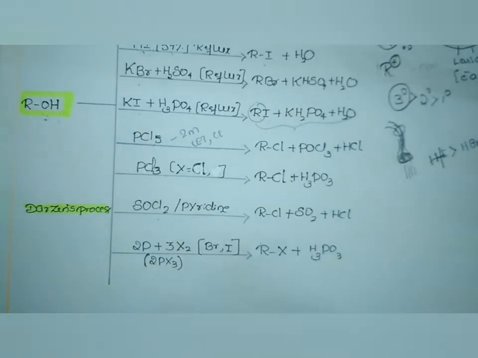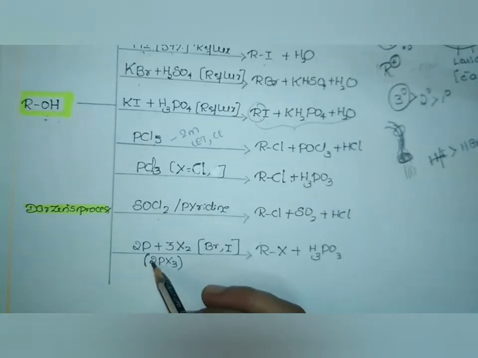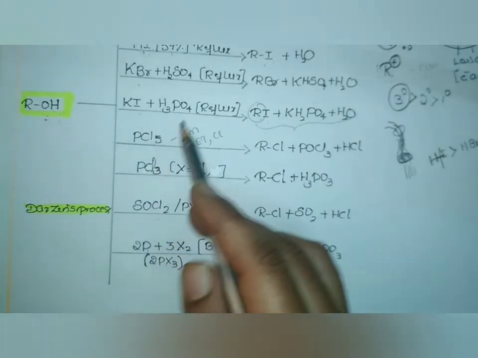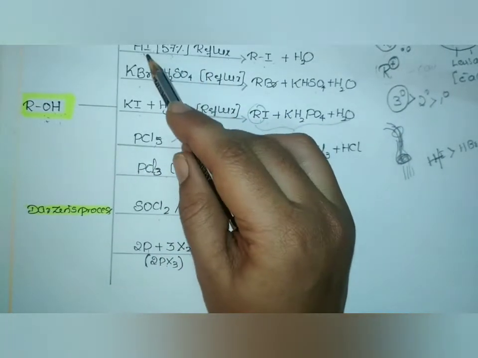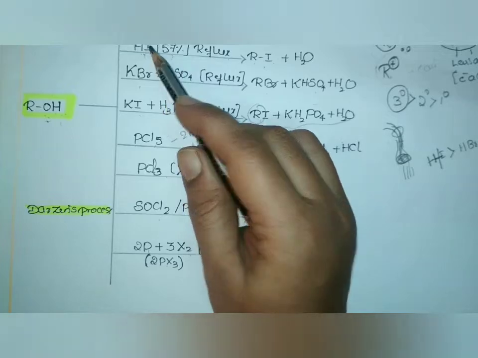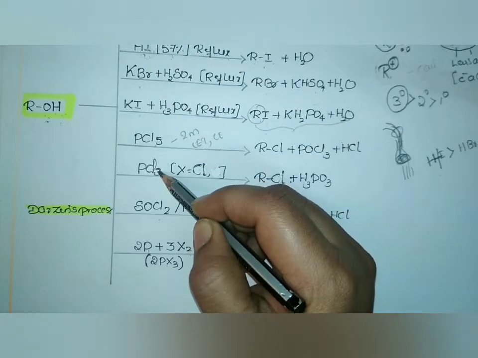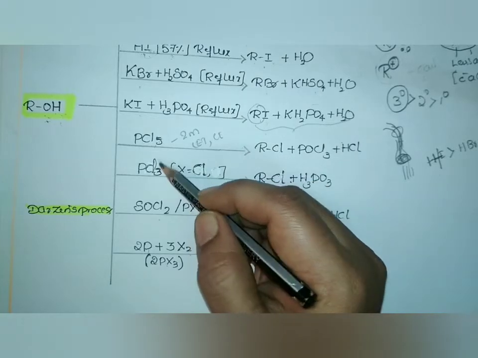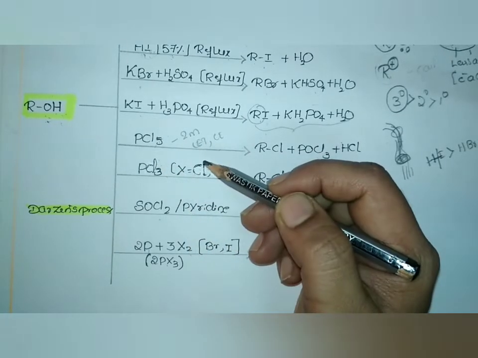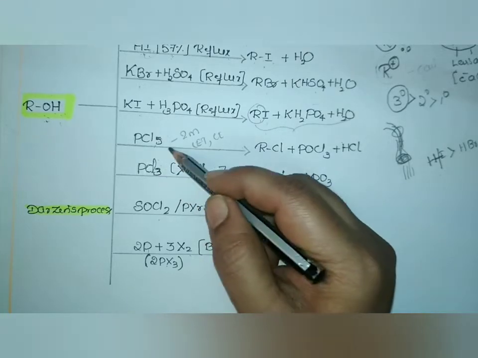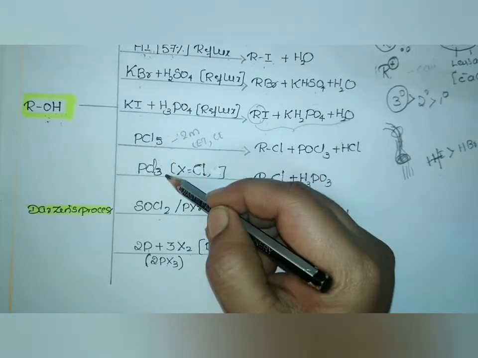So we are into the last method of preparation by using alcohol, that is by using red phosphorus and halogen. Why? As I explained, with PCl5 and PCl3, I can prepare only the chloride. Bromide and iodide, being highly reactive or highly unstable, I can't use directly as a pentahalide or trihalide.